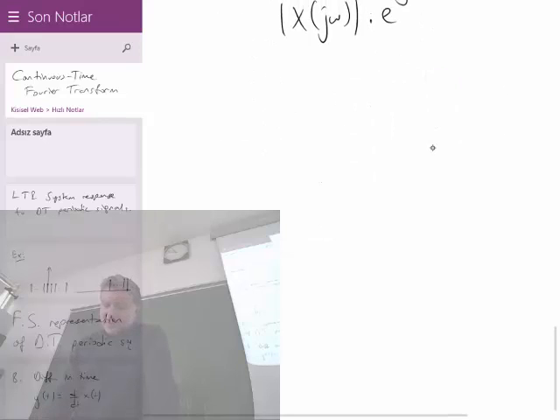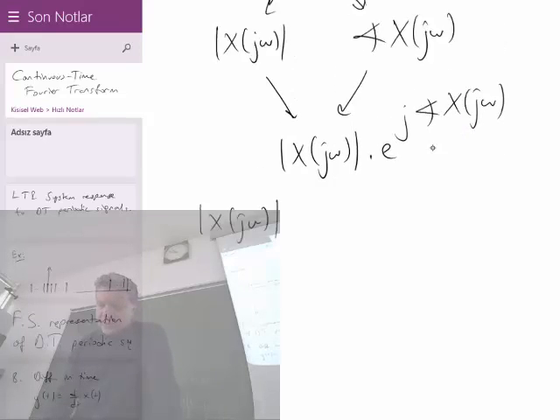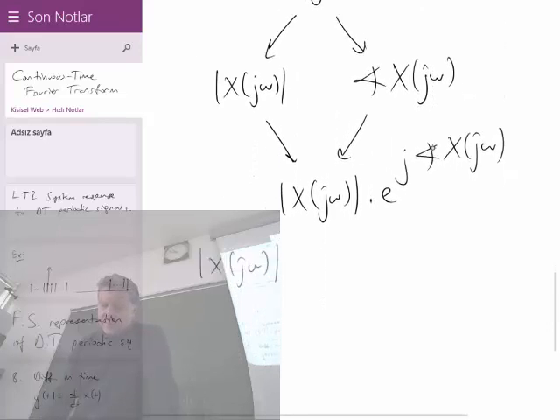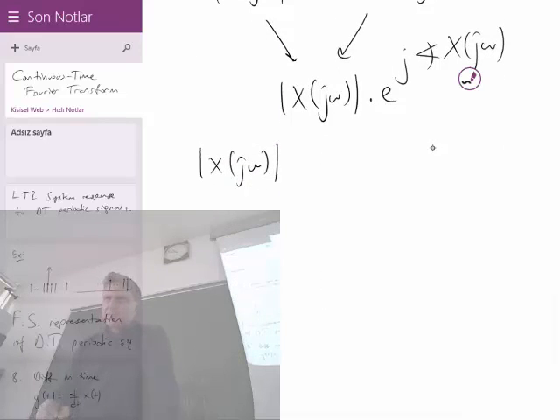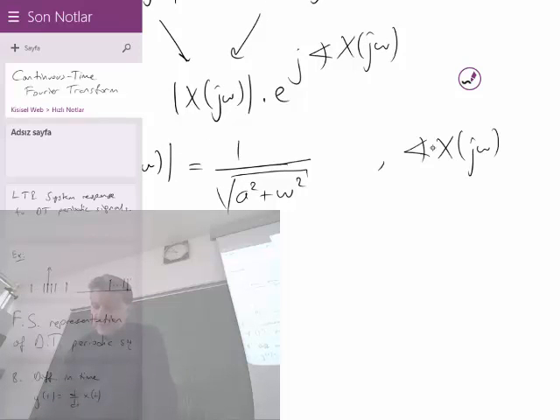So what is X of j omega in magnitude? What was it? It was 1 over a plus j omega. So we must multiply it with the conjugate and then normalize it. Well, what you will obtain is this. This is the magnitude. And by the way, the angle, let me write it here, but I'm not going to be interested in that.